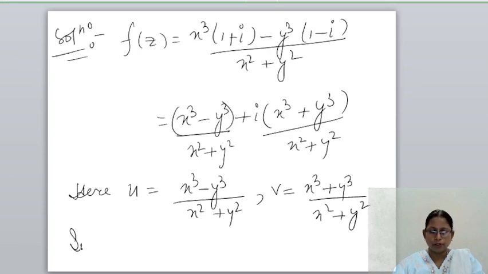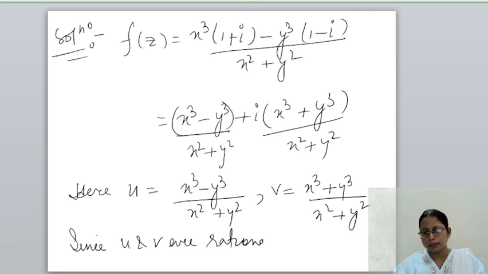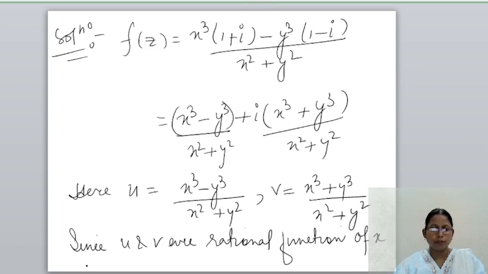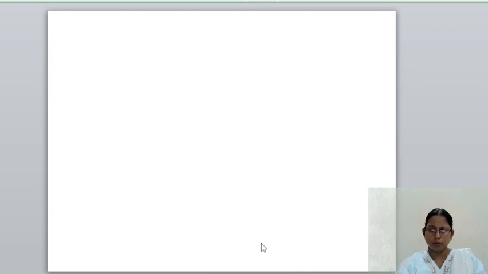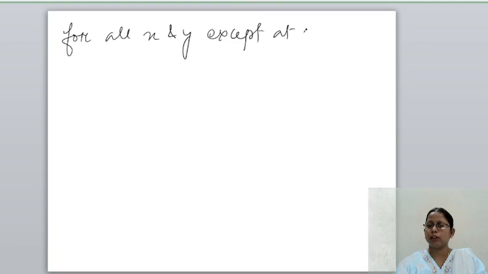So u and v are continuous for all x and y except at x = 0, y = 0.